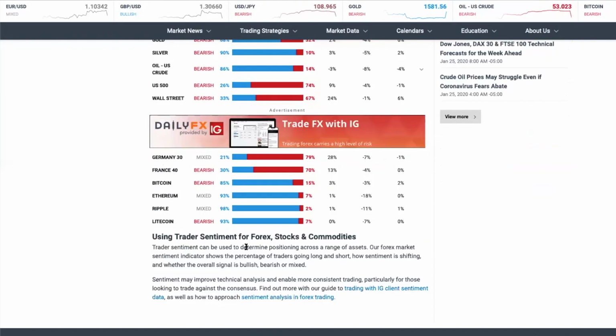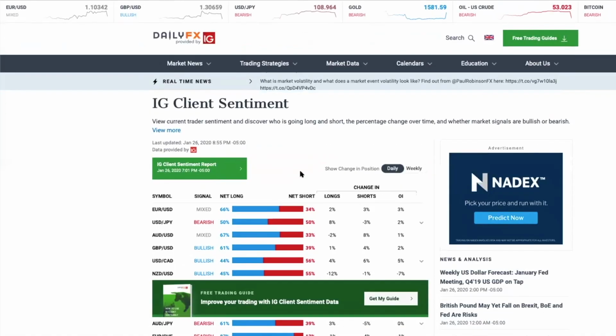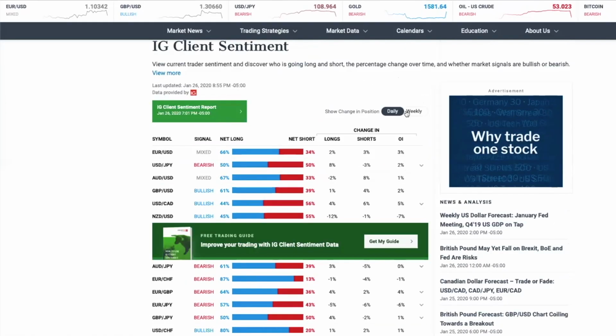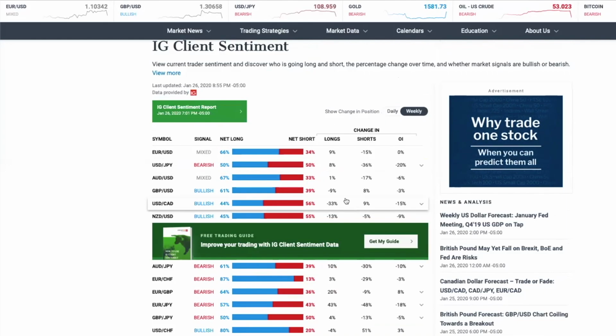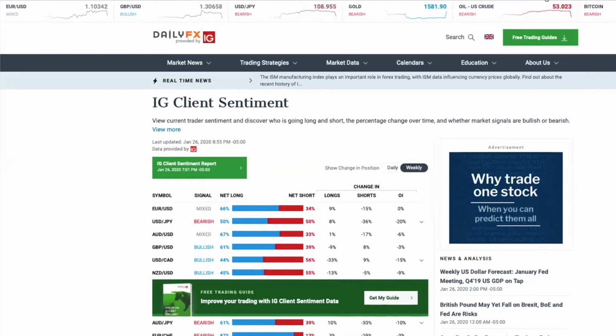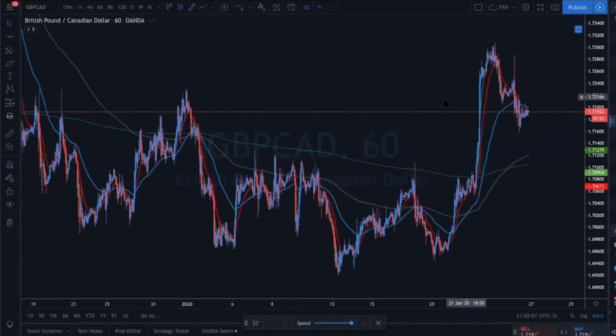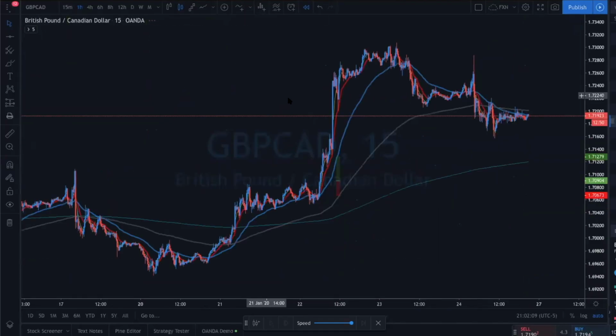Think about this, guys. These are just tools that you can use. This is daily, weekly, you can change it. But everything that you have is tools. It doesn't replace your ability to see the pattern and the time that it happens in.